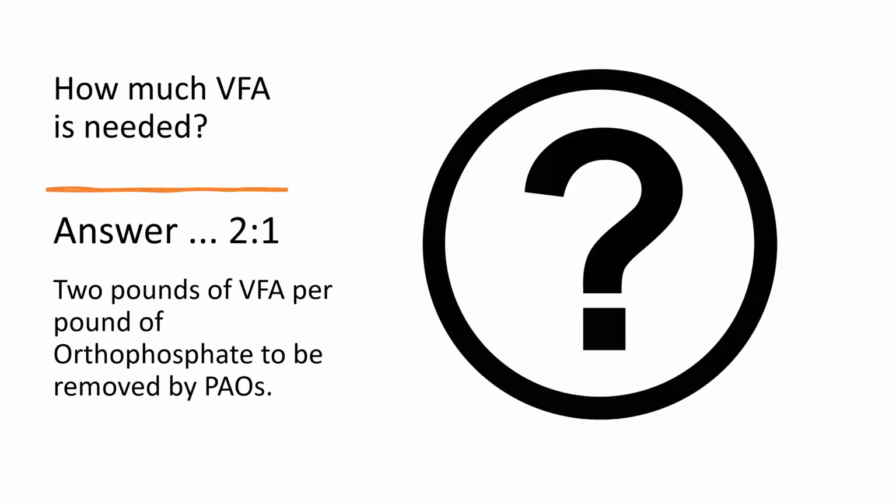How much VFAs do you need to satisfy the phosphorus accumulating organisms? And I did some research, and then I did a little math, and the answer I got was you need about two pounds of VFAs for every pound of orthophosphate.